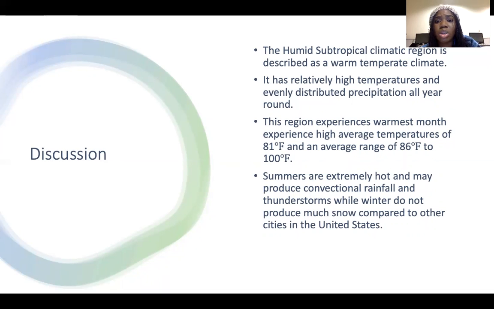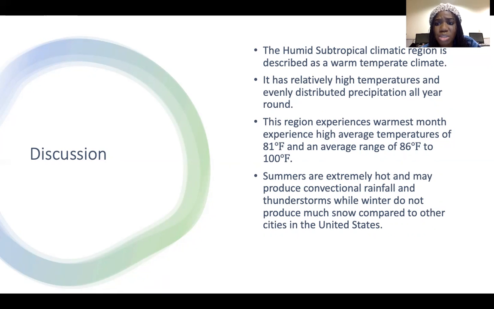What is it about? It's characterized by a warm temperate climate. This means that it has relatively high temperatures and evenly distributed precipitation all year round, as we discussed in the Köppen climate classification.